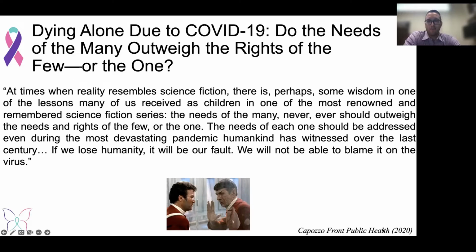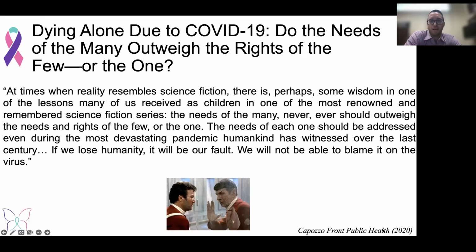So I found a Wrath of Khan reference in an editorial I found on this issue, and I just had to quote it, because Spock sacrifices himself for the good of the Enterprise, after earlier having a philosophical conversation with Kirk about, do the needs of the many outweigh the needs of the few.